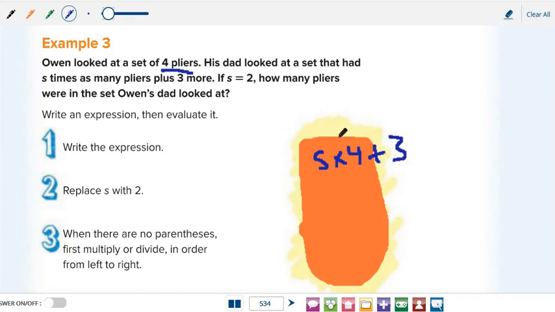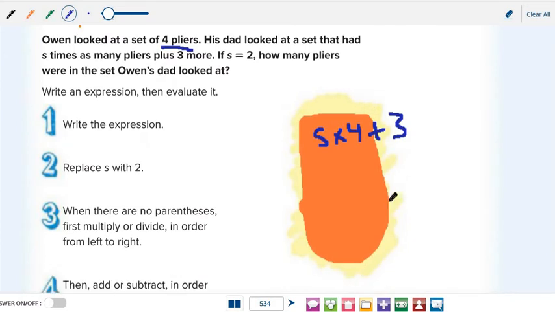In this expression, we use 2 different operations. So good. Since we don't have parentheses, we need to multiply first. Always, when we have 2 different operations like multiply and plus, we have to start with multiplying.